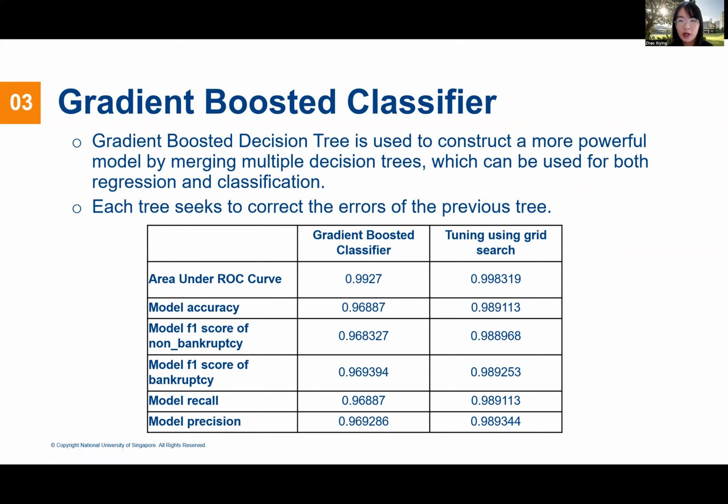The area under the ROC curve value is 0.9927 in the original model, and then it increased to 0.9983 after tuning, which indicates that our model could almost perfectly distinguish between bankrupt and non-bankrupt companies. It also proves that the classification accuracy of this model is greatly improved by effective parameter tuning. Next part, please.